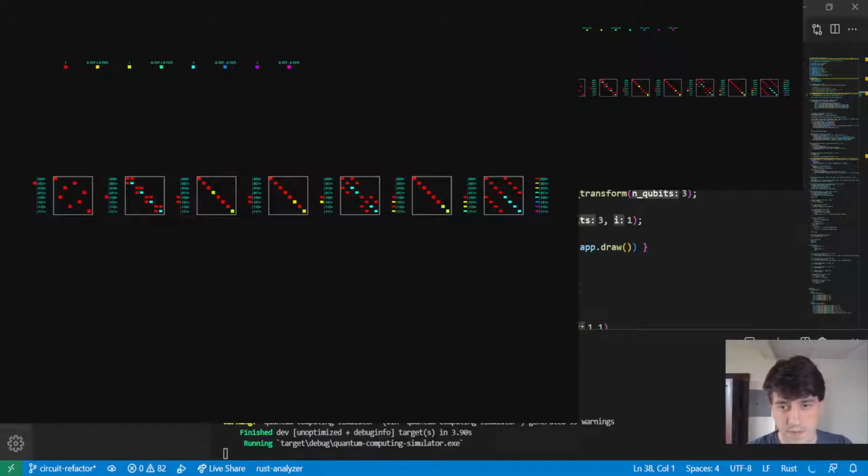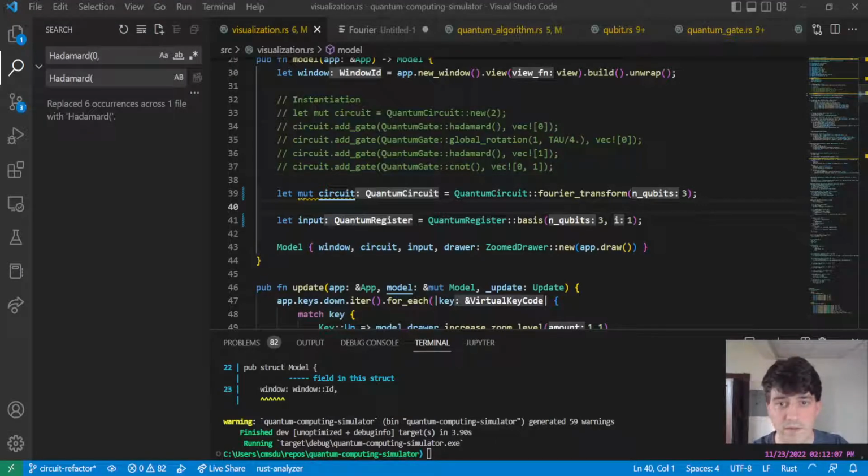Snip, snip, snip. So do this Fourier. All right, what's the easiest way to put both these on the screen? Fourier is this one, and inverse is this one.